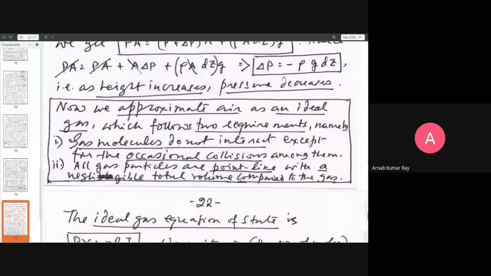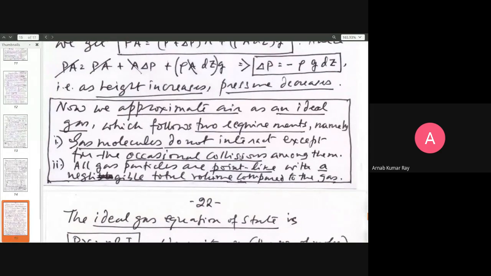Being overall charge neutral, the only way they interact among themselves is by the collisions that they suffer, right? Otherwise, once collided, they leave apart from each other. They don't exert any action-at-a-distance kind of a field on one another. So the gas molecules do not interact among themselves except for the occasional collisions among them.